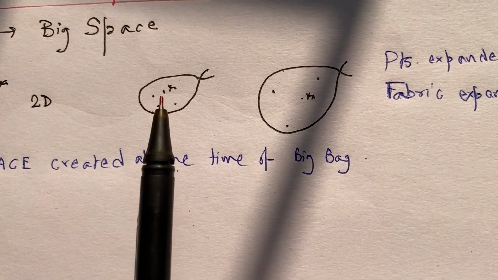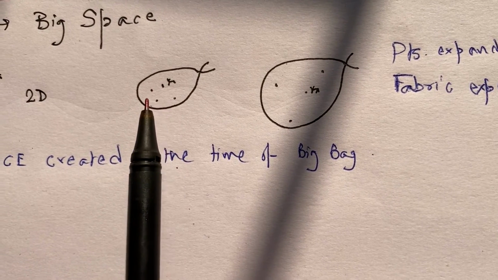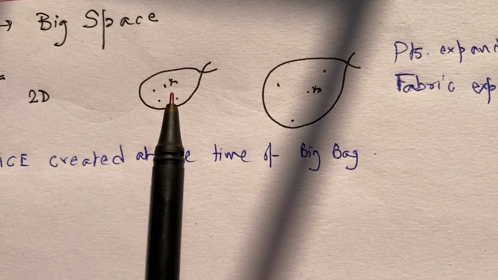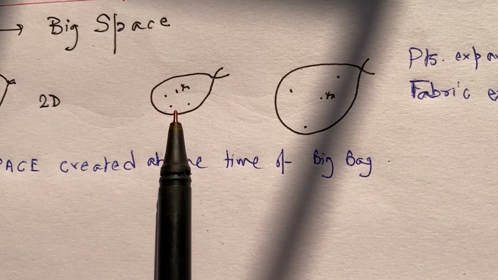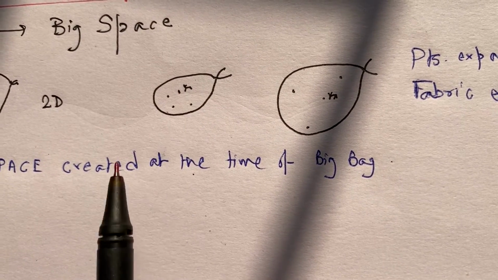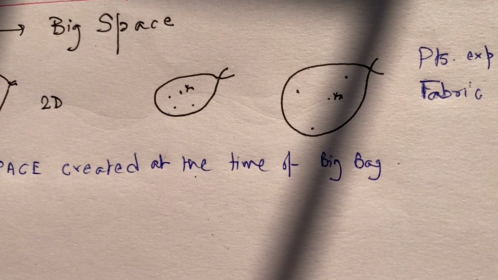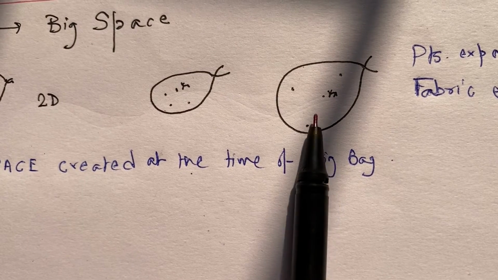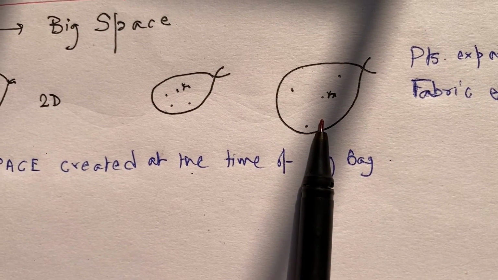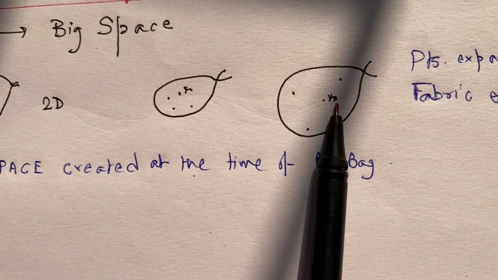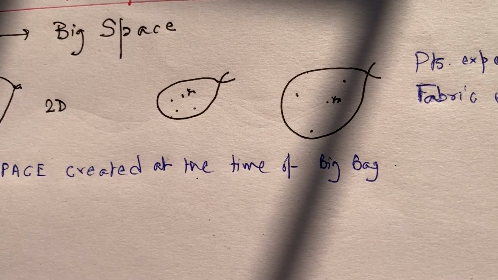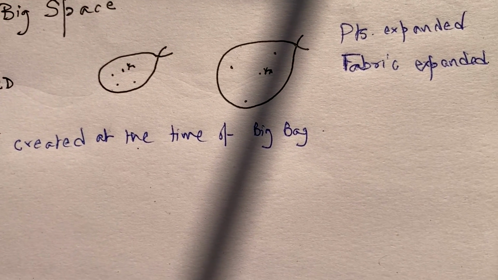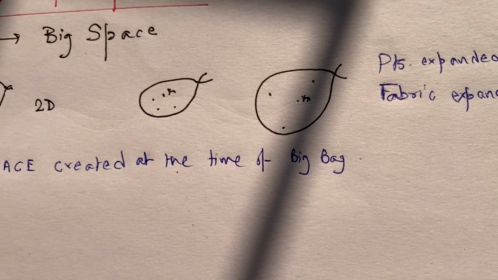Suppose I have marked some points on the surface of the balloon, and this ant is capable of measuring the distance between these points. When I blow the balloon, it will only see that the distance between them is increasing, because it does not have any perception of the volume.